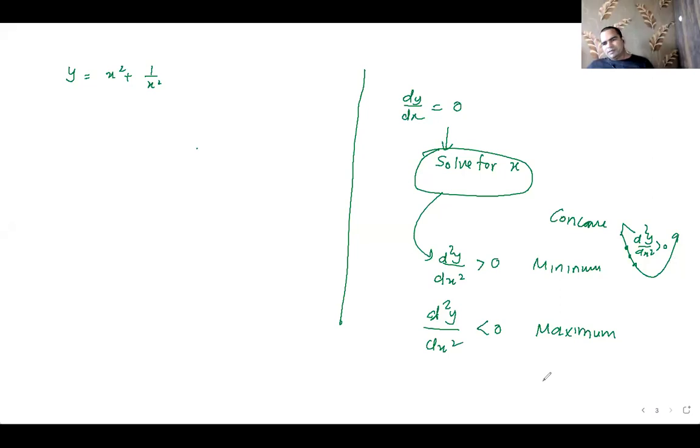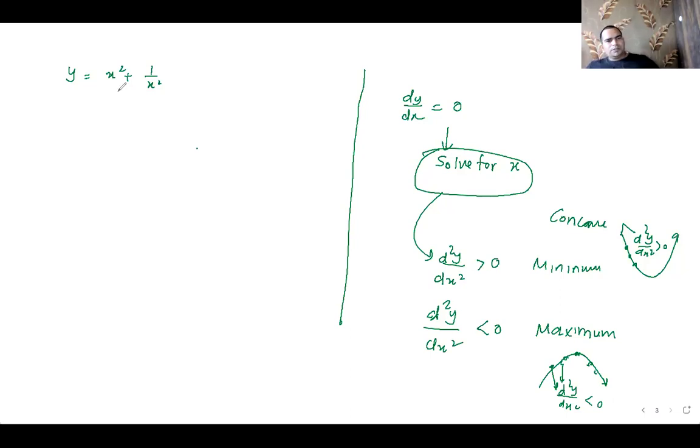Similarly, for concave down curves, which is like a maximum, at every point along the curve, the value of the double derivative will be negative. So you find the double derivative expression, plug these x coordinates in, and you will notice all the answers are negative. So this is a set pathway you can use to check whether the points are maximum or minimum.